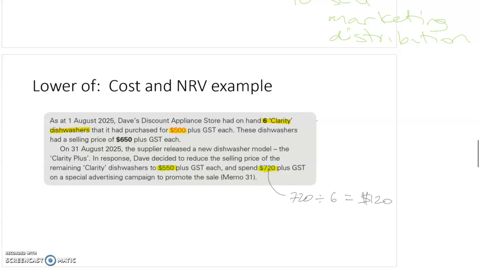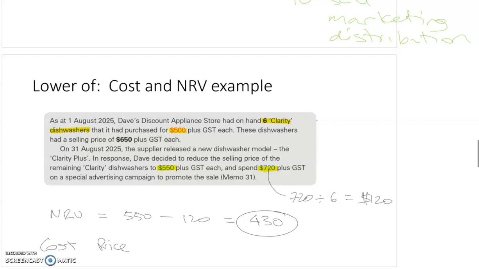of $120. So the NRV of this good will be our estimated selling price of $550 minus our direct selling expense, the marketing campaign, which means our NRV is $430.